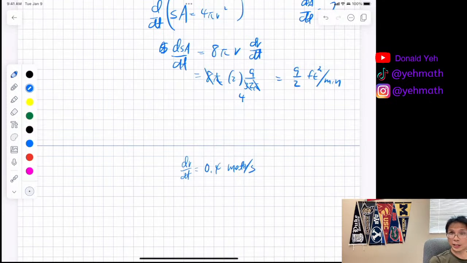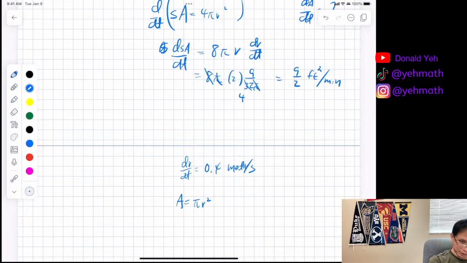Then what's the rate of increase of the area of a circle at the instant when the circumference is 60 pi? Area equals pi r squared, so that will be a relationship.